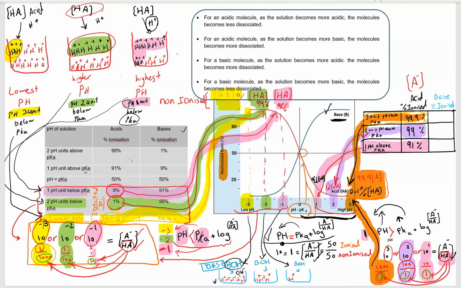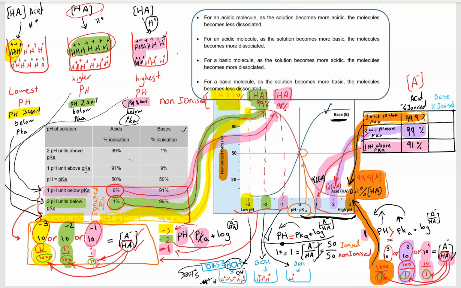This base molecule loves to give a lot of hydroxide ions. So for example, if in this container you have 5 hydrogen ions, this base will give 5 hydroxide to just neutralize the hydrogen ions.